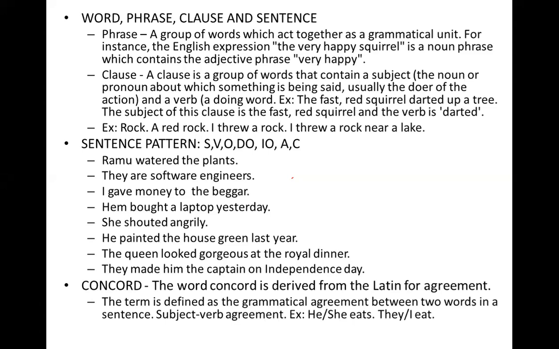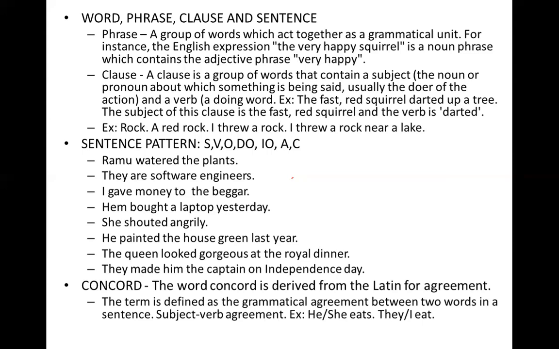SVOC and A, ma'am. SVOC and A. Please think and answer because it's a little twisty, different. They made him the captain. Not the indirect object. SVOC and A. Very good.